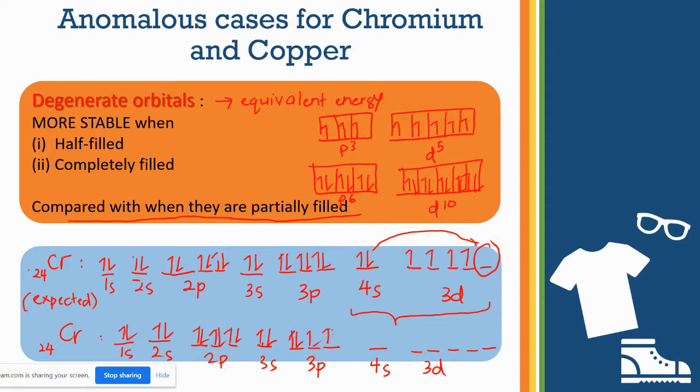So in 4s, there's only one left, in which the other one has rearranged to the 3d orbital and becomes 4s1 and 3d5. And for the reason, I want you to try it yourself and try for copper.